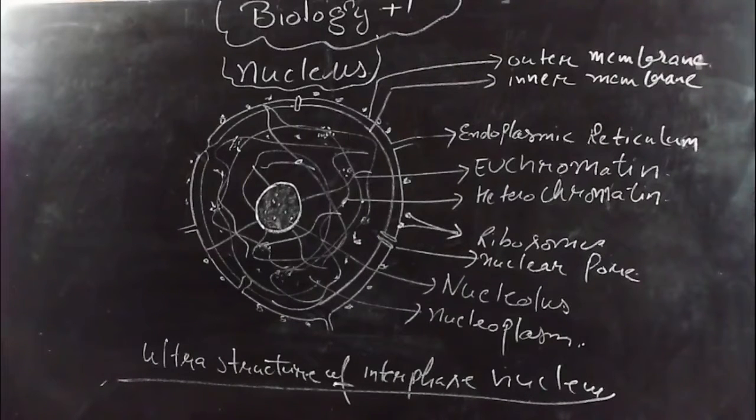A typical interphase nucleus is 5 to 25 micrometer in diameter. Next point. It is differentiated into 5 parts.